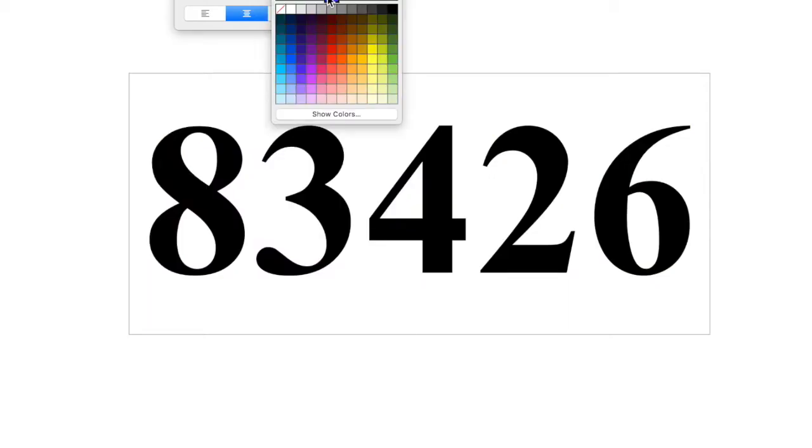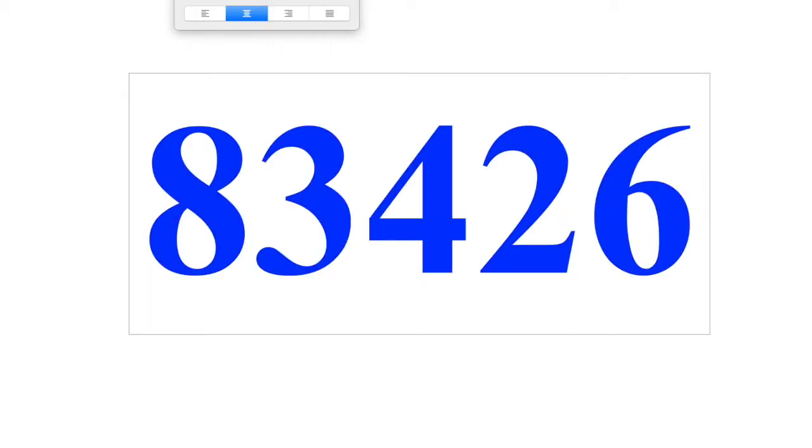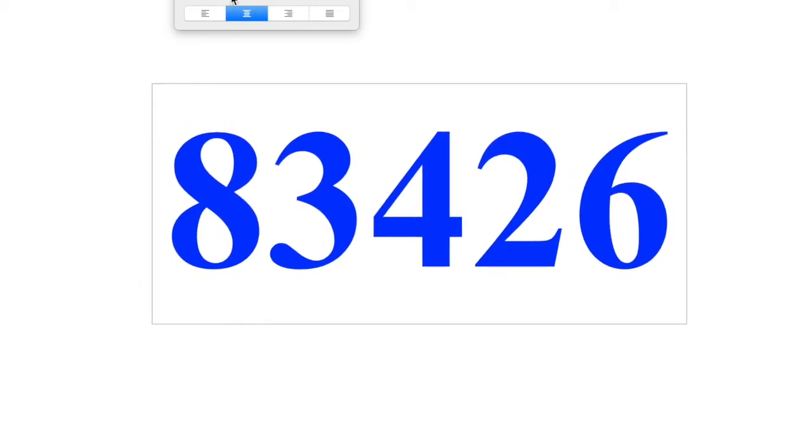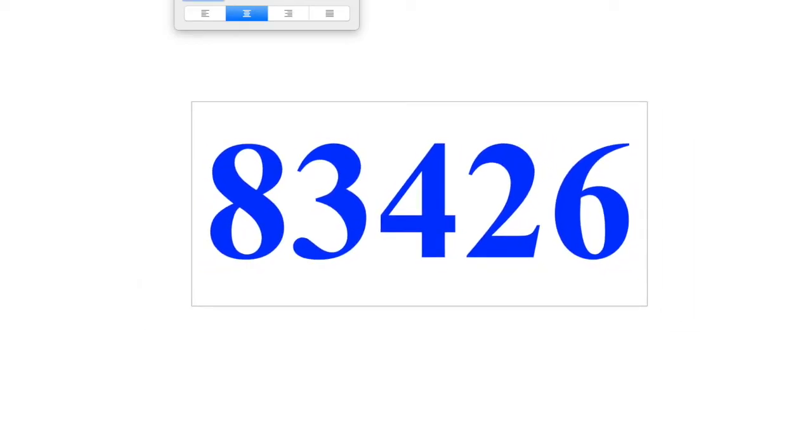Okay, we will change the color. Black is fine. You want blue? Reduce the size. Oh, this is going to take a long time. Okay, that is fine.